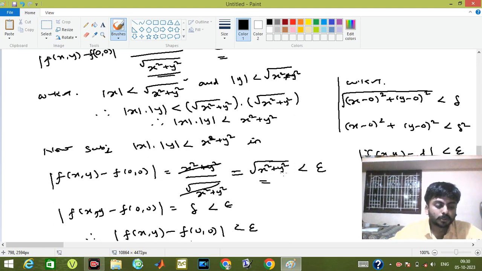So it will not be less than epsilon. Then definitely f of x comma y minus f of 0 comma 0 will not be less than epsilon, because it is delta square. Delta is less than epsilon, but we don't know about delta square. So it will become delta square, sometimes delta power 4.